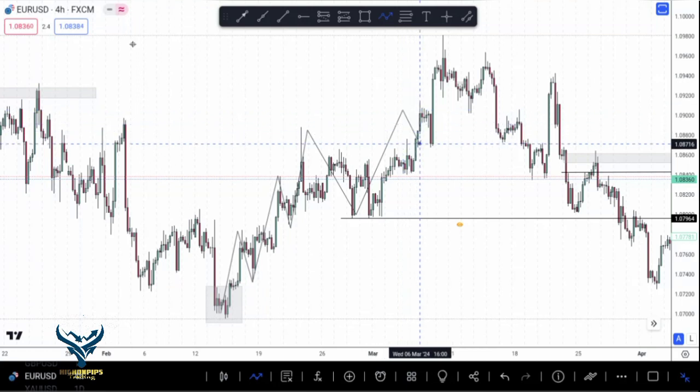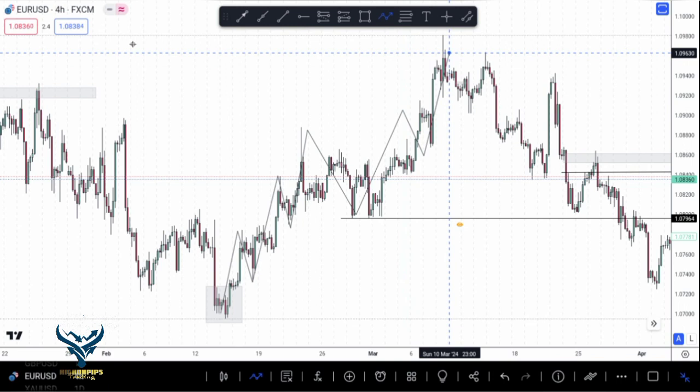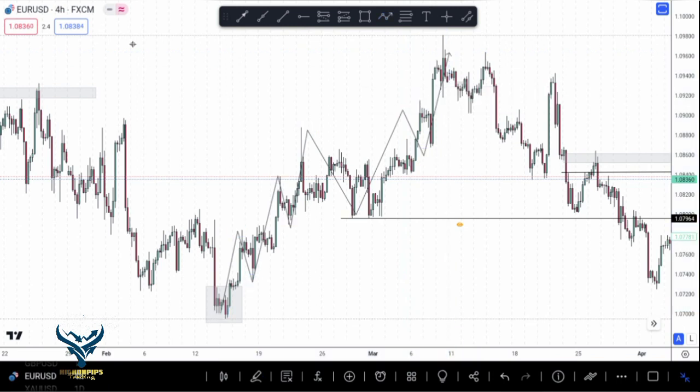Okay, as you can see, guys, this is our uptrend. So every time the market is buying, this is what it does. You need to find your buyers in here, right?